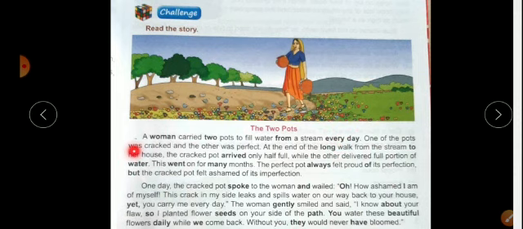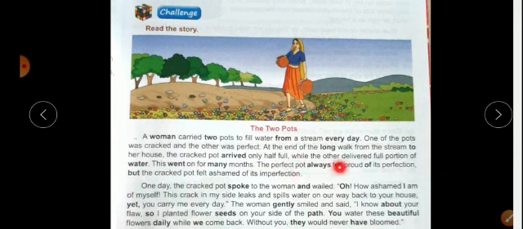One of the pots was cracked and other was perfect. At the end of the long walk from the stream to her house, the cracked pot arrived only half full, while the other delivered full portion of water. This went on for many months.